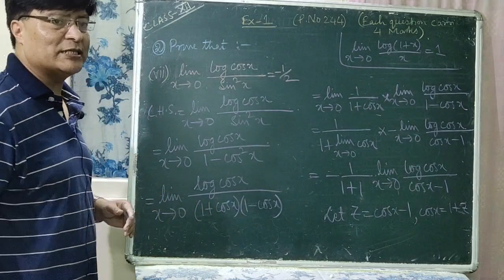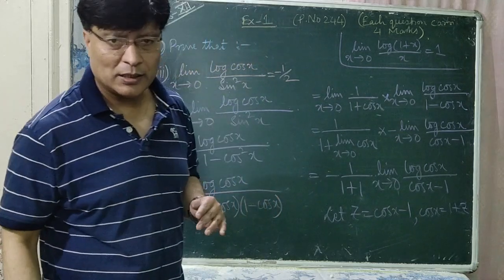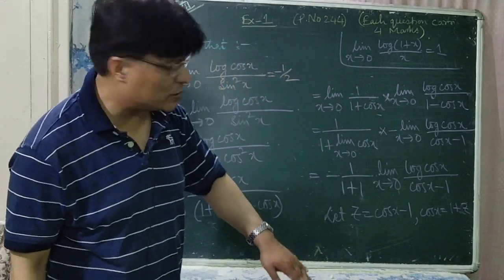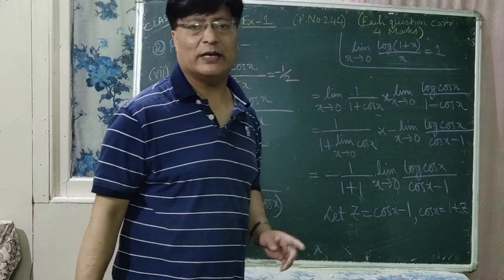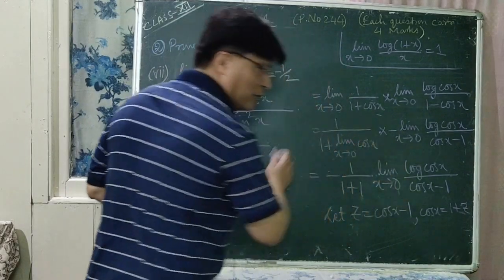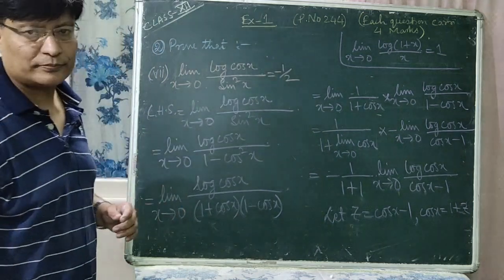Now we have to change the limit here also. Since we have done the method of substitution here, before substitution x was the variable, and after substitution, which is the new variable? Z is the new variable out here. Now, when x tends to 0, what does this new variable z tend to?